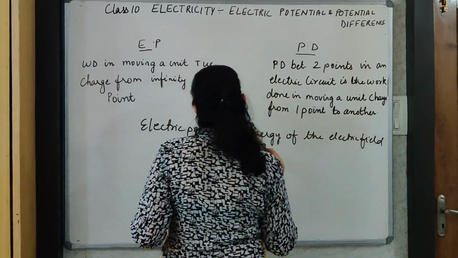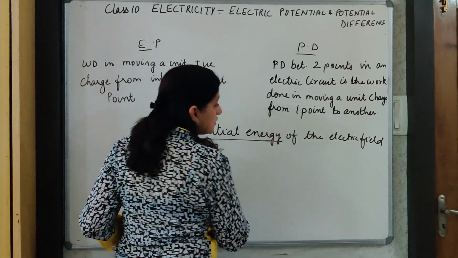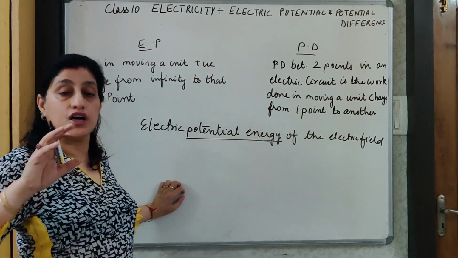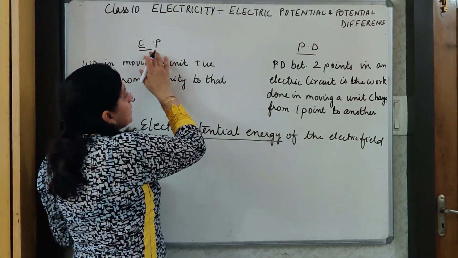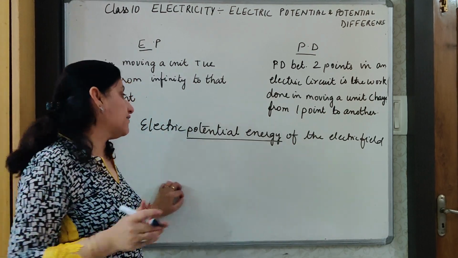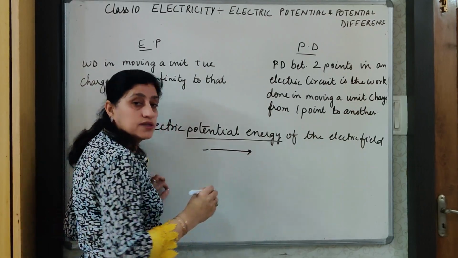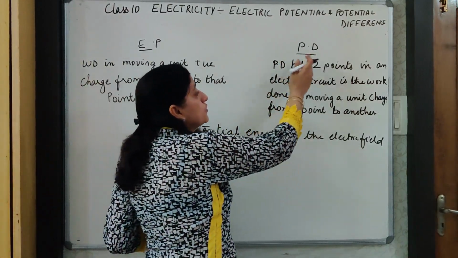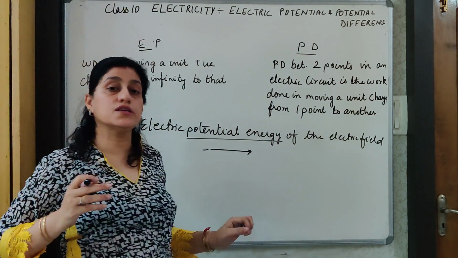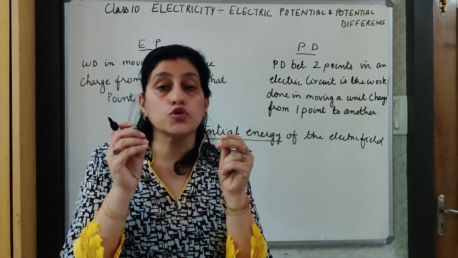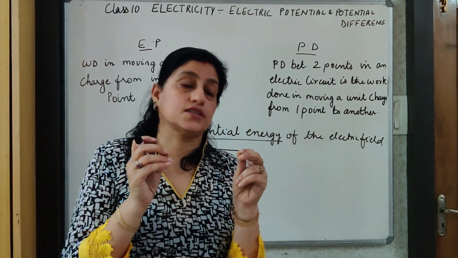In a given field, how much electric potential energy is possessed, how many charges are possessed, gives you the electric potential. And when these charges will flow from one point to the other, that will give you the potential difference as to how many charges are flowing between the two ends of the circuit.